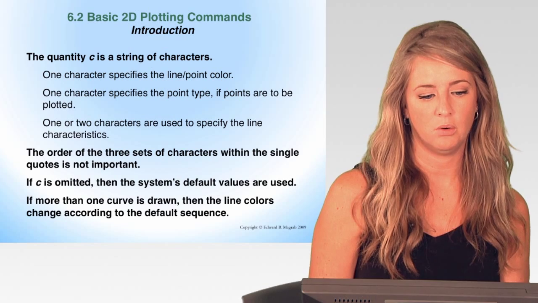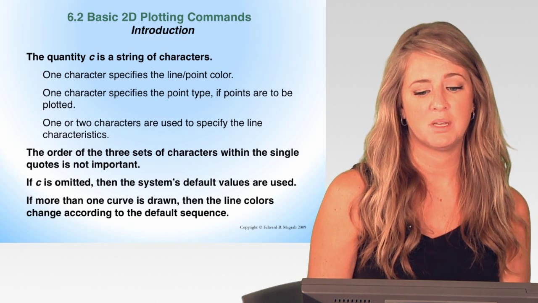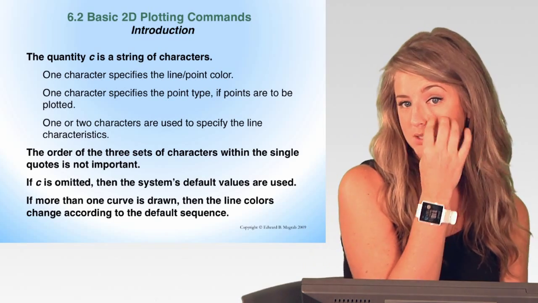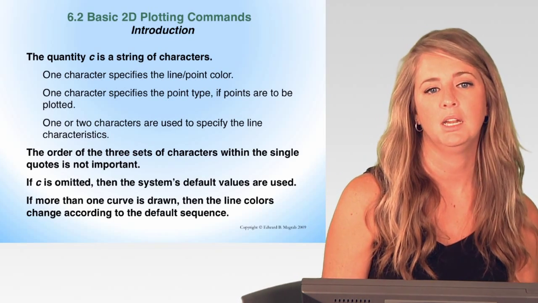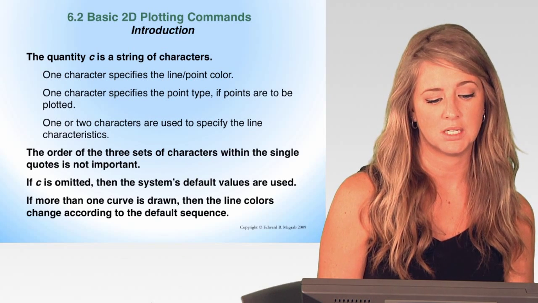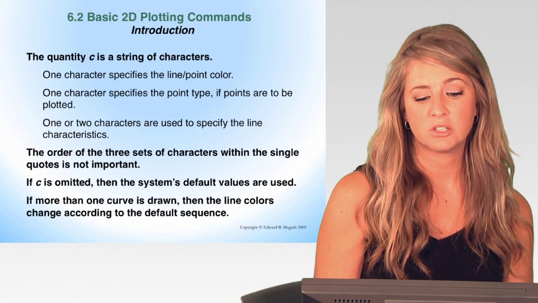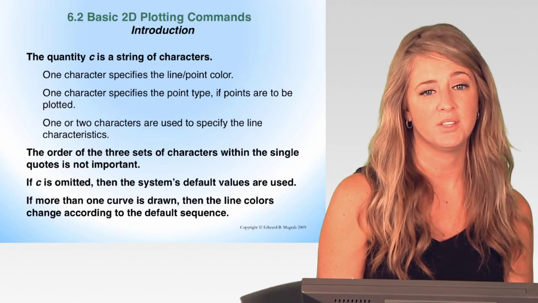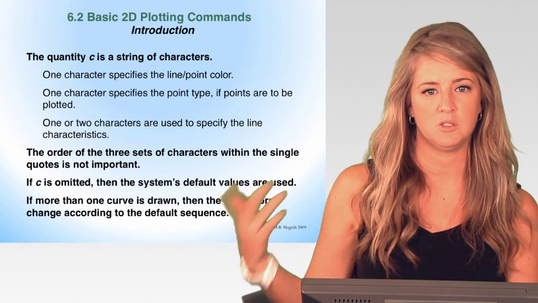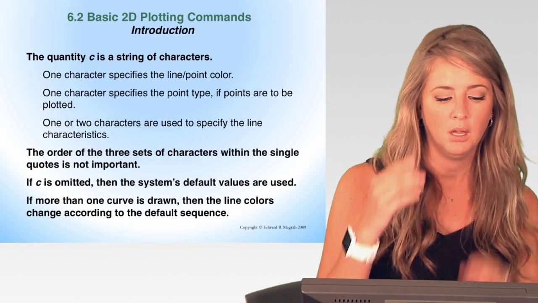So one character specifies the line or point color, one character specifies the point type, if points are to be plotted, and then one or two characters are used to specify the line characteristics. The order of these three sets of characters within the single quotes is not important. So you could specify the color before you specify the point type.